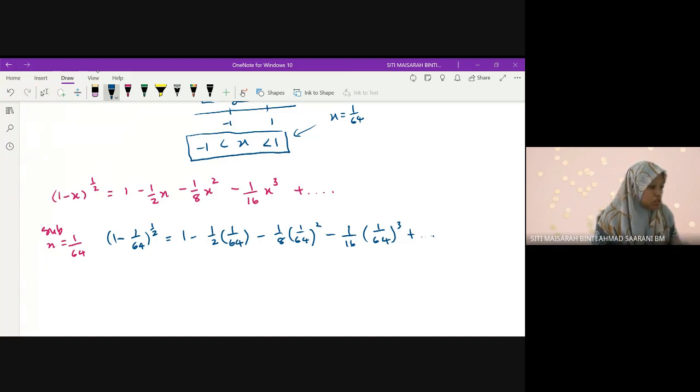Okay, so at your left hand side, we get 63 over 64 power 1 over 2. At your right hand side, please calculate the middle.